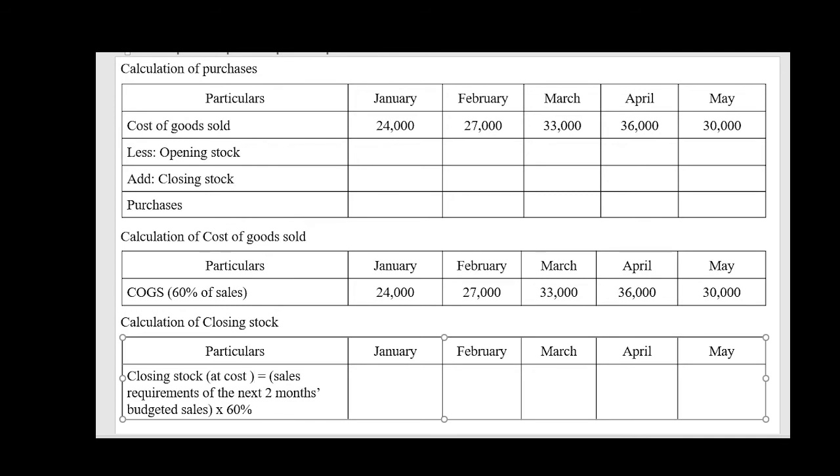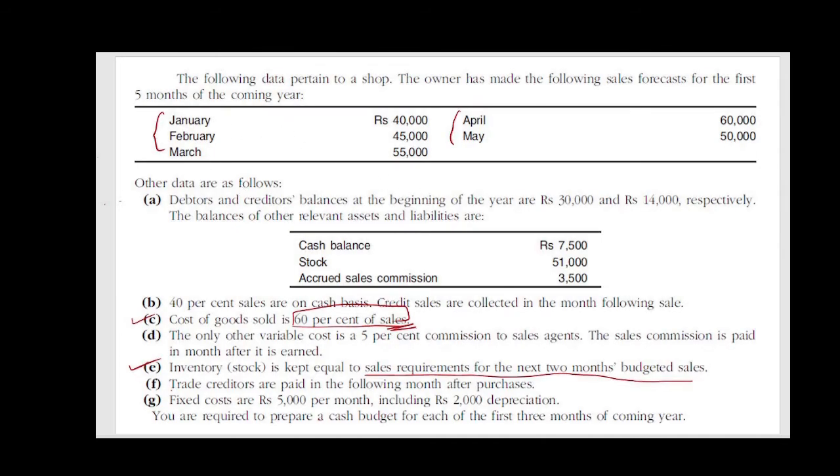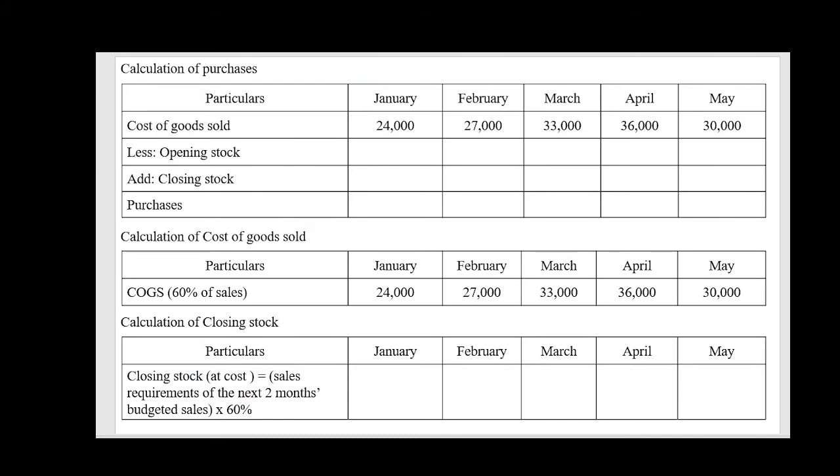Now let us go ahead and find out what the sales are for the months of February and March. February and March sales are 45,000 and 55,000. So 55 plus 45 will be 1 lakh. How much should we take? 60% of 1 lakh, which comes to 60,000.